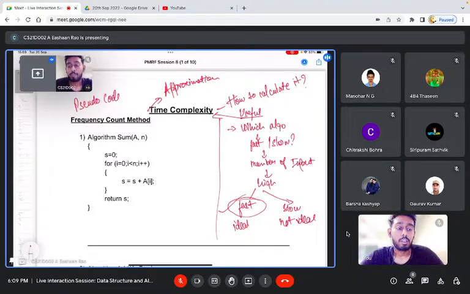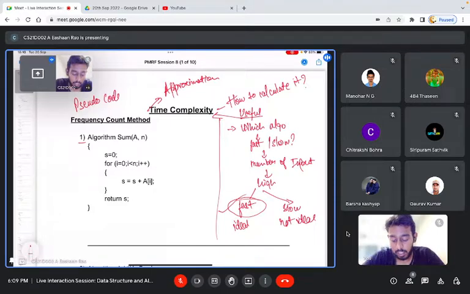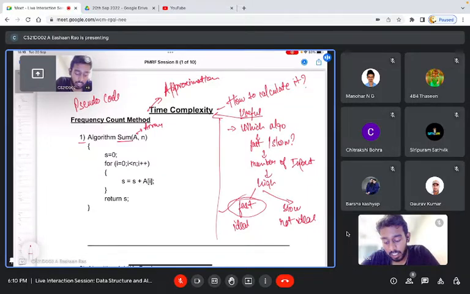Let's start with the first algorithm, algorithm 1. What it is doing here is it has a sum function. It is taking an array, and this is the size of the array.